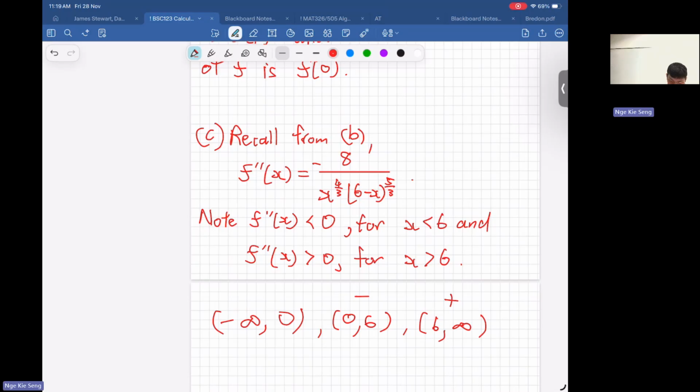Why am I splitting at 0? If it is less than 0, what do I get? It's also negative if I take less than 0.